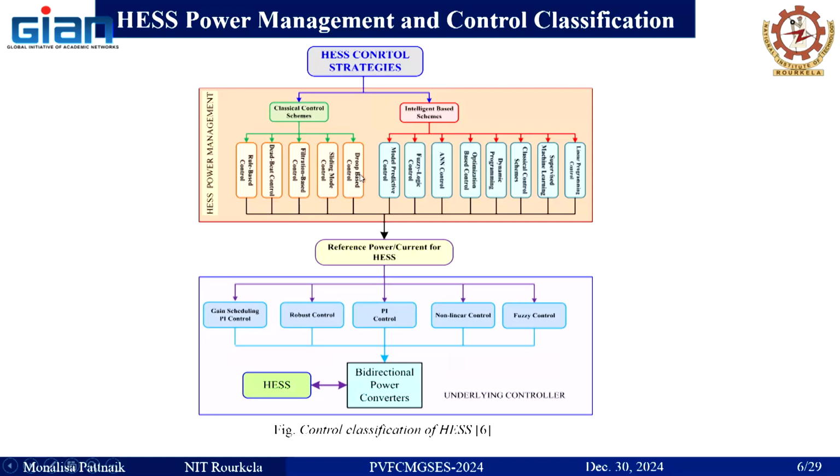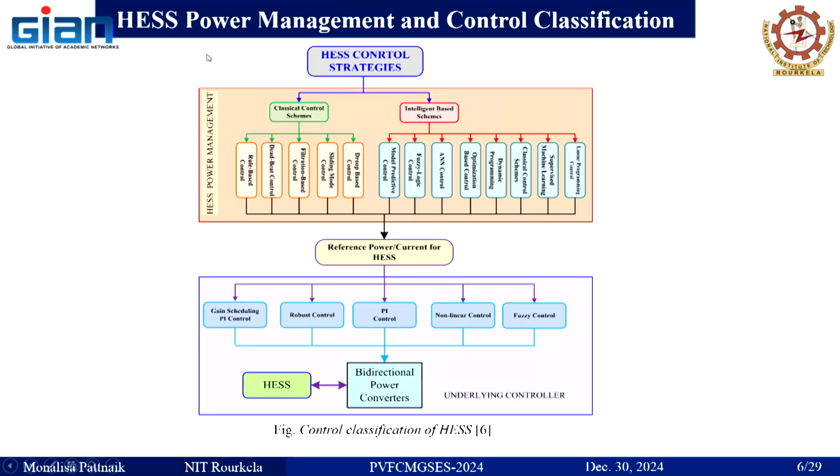Apart from this, group control based, sliding mode control, deadbeat control, rule based control, all these come under classical. The intelligent based control, ANN and fuzzy logic based control, though more efficient, gives some implementation complexity because of the computational burden.